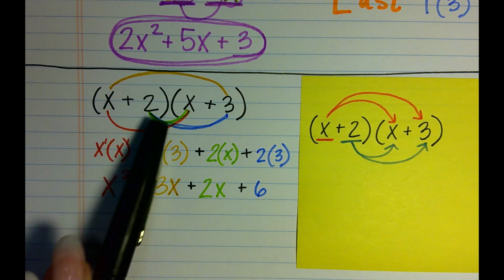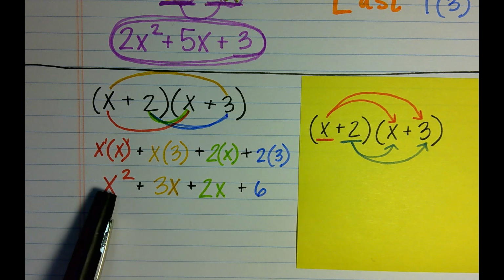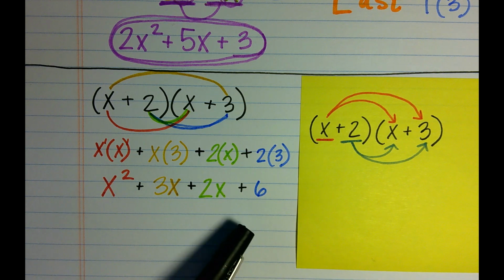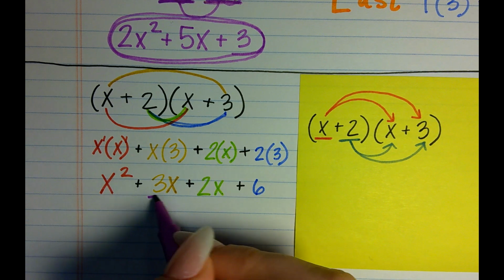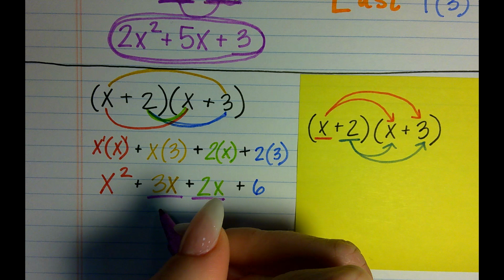Okay, so we've done our FOIL method. We have x squared plus 3x plus 2x plus 6. We have one last step to take before we're done. Combine like terms. What are my like terms? 3x and 2x.